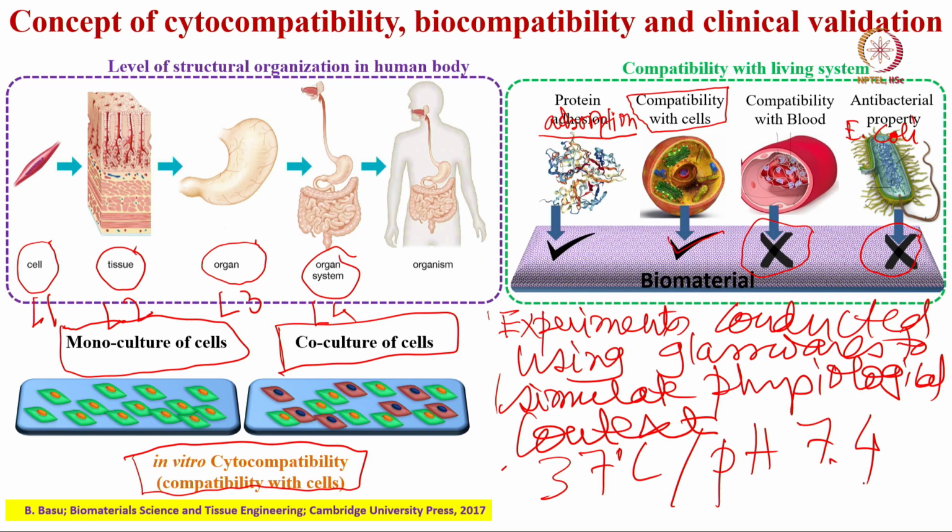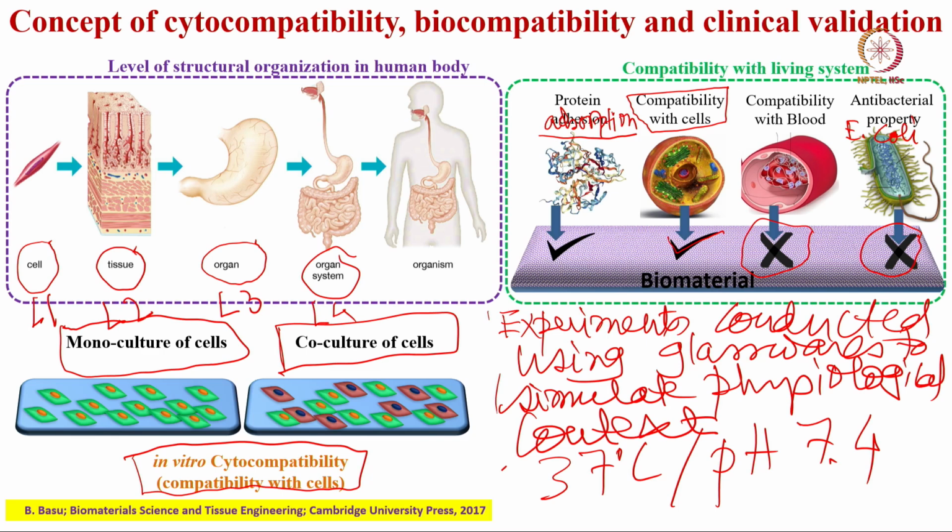So, these are some of the conditions that are maintained when you grow or incubate cells on a synthetic biomaterial surface, and then you allow the cells to grow on the biomaterial surface.